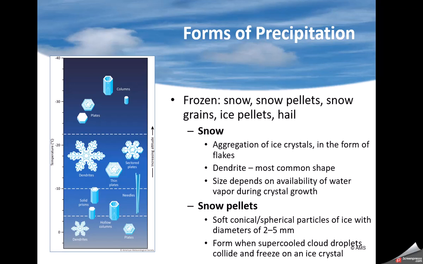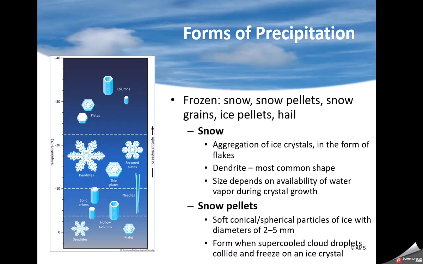Interestingly, snow or ice crystals can be in different shapes depending on the temperature of the air. Say you were having a snowstorm at your house, and you looked out and saw big snowflakes, probably dendrites. All of a sudden they change over to columns or more solid little shapes.